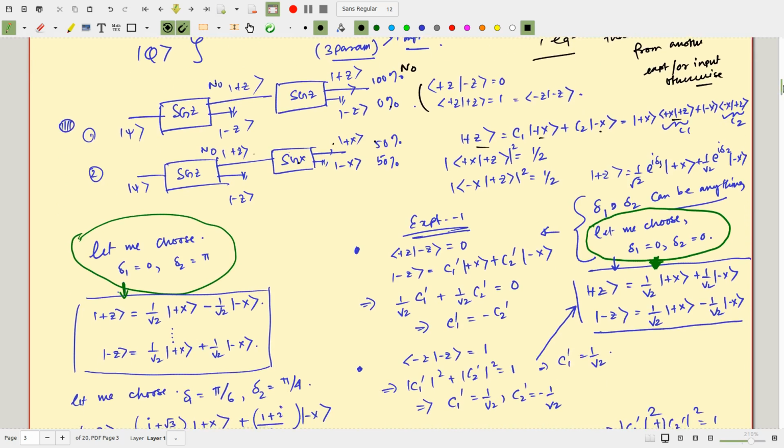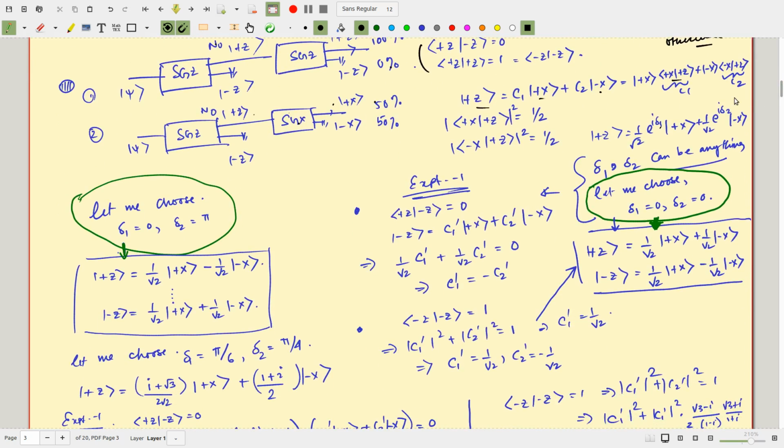Now the phase is completely arbitrary and it can be anything, and this experiment does not put any constraint on that. I can choose it to be anything I want without hurting any of the experimental or observable facts, and the only thing that matters is this observable. So, let me choose the most convenient choice, that is delta 1 equal to 0 and delta 2 equal to 0, and if I make that choice, my plus z is this.